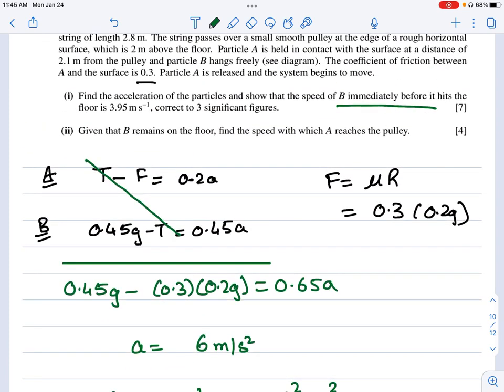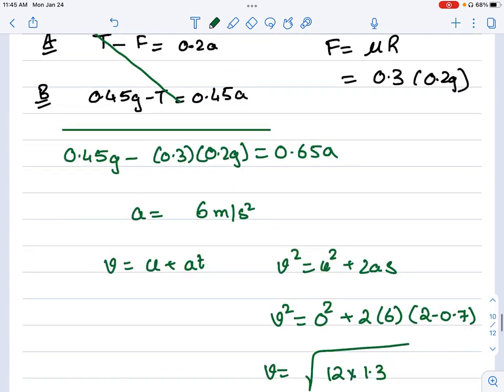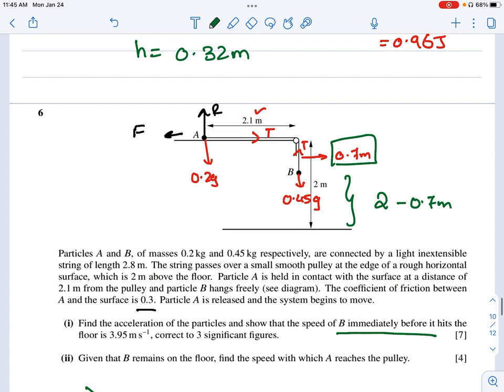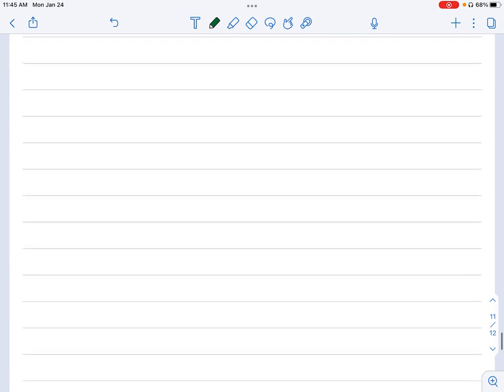Given that B remains on the floor, find the speed with which A reaches the pulley. Now what happens is, let us draw the diagram over here. Draw a straight line, it's a table. It's a pulley, and B hanging over here.